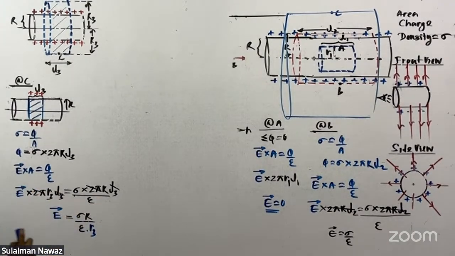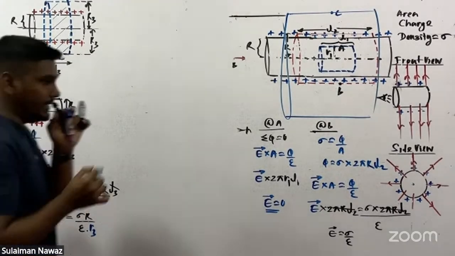It is going to be a kind of inverse relationship. When the point is far from the cylinder, your intensity is going to be much lesser. This is the idea.